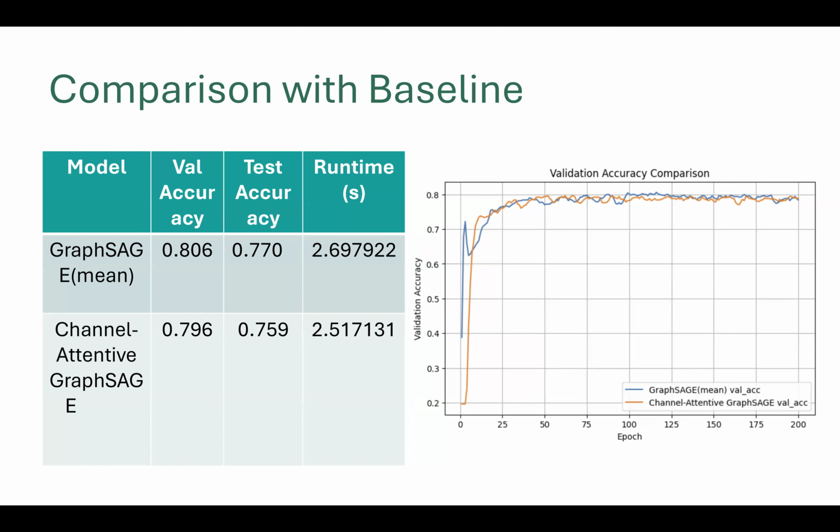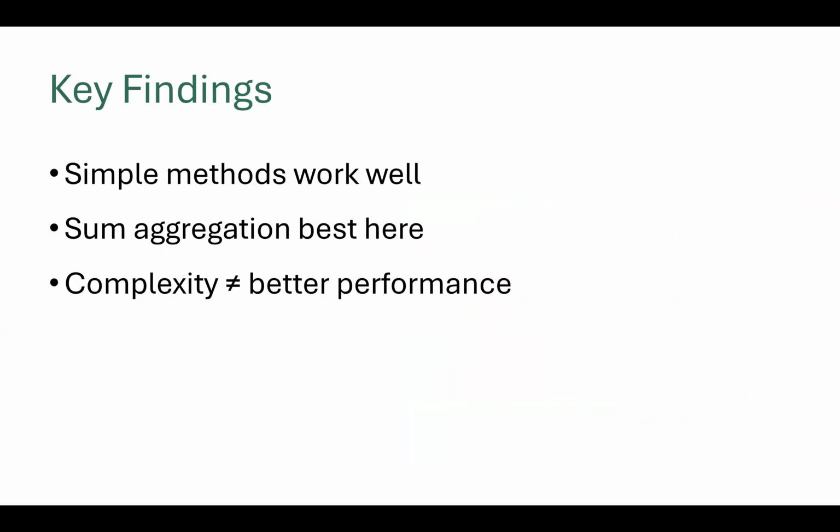And in terms of runtime, the channel-attentive model is slightly faster, but the difference is quite small and not practically significant. Overall, this suggests that adding channel-wise attention does not provide a meaningful benefit for this dataset, and the simpler baseline model remains a strong and reliable choice.